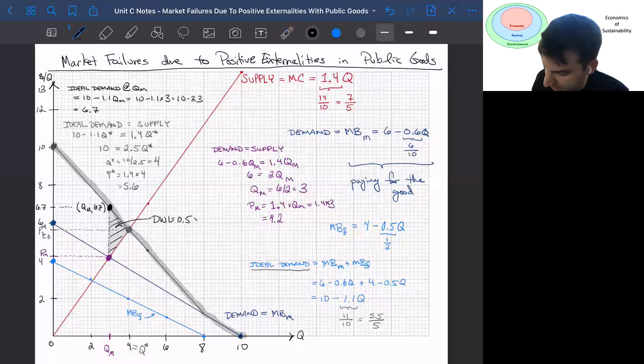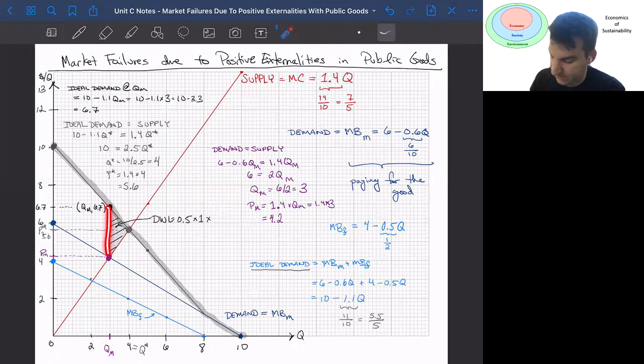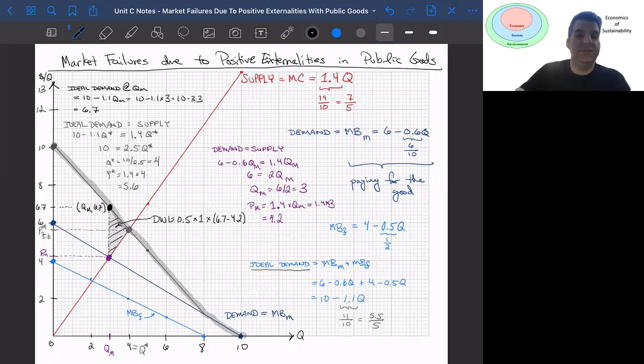So that's going to be 1/2 times 1 times, and then I'm interested in however high this is. Well, I know that this coordinate is 6.7, and my PM is 4.2. So I can write in 6.7 minus 4.2, and 6.7 minus 4.2 is 2.5.